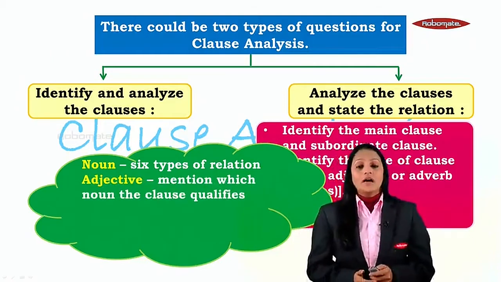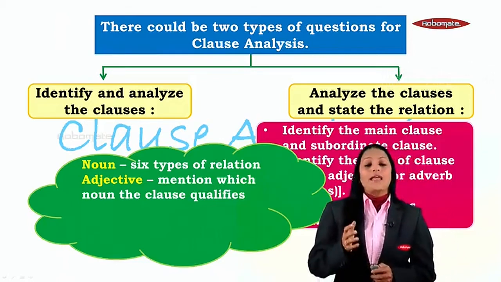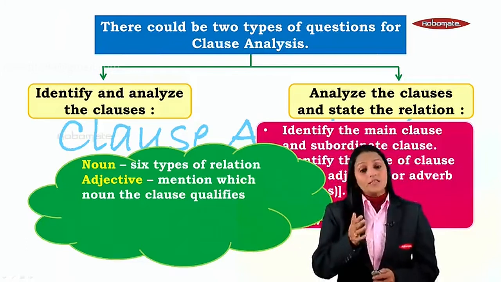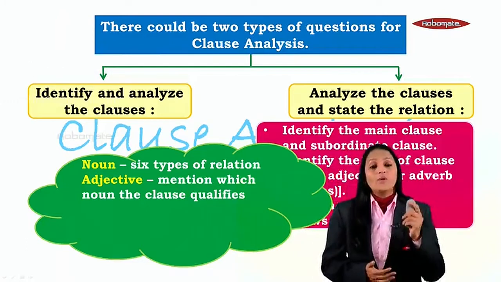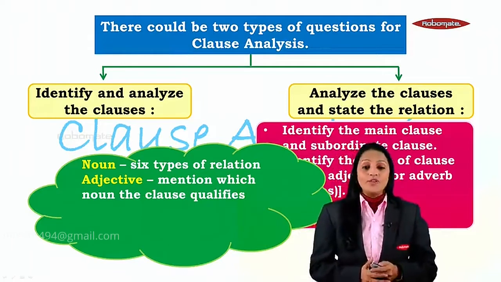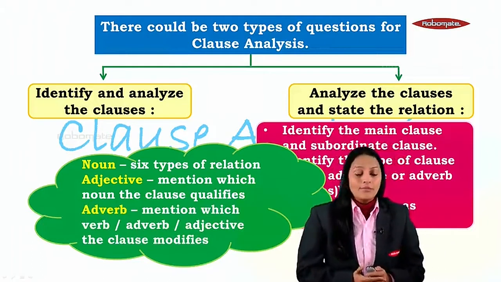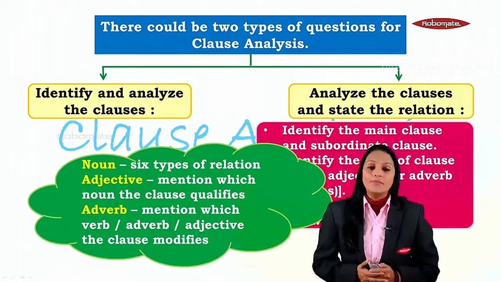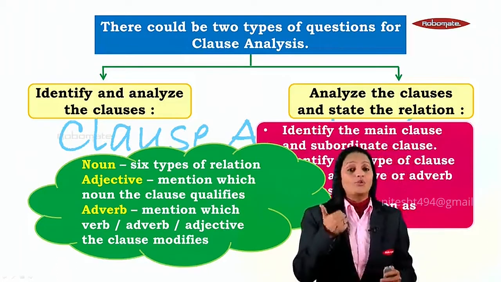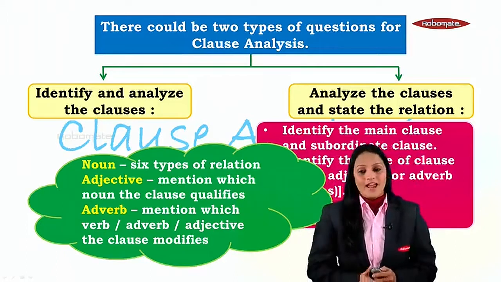Adjective. Here you have to mention the noun that the clause qualifies. Students, an adjective always qualifies a noun or a pronoun. Similarly, a subordinate adjective clause will qualify a noun or a pronoun in the main clause. So that is what you have to mention if you are asked the relation. Next, adverb. Remember students, we said an adverb is a word that actually adds on to a verb, an adjective and another adverb.